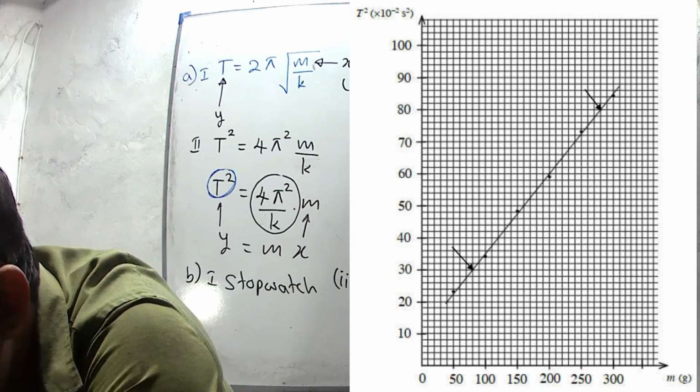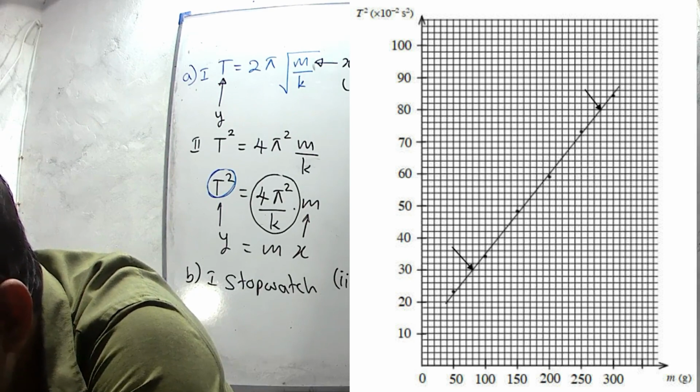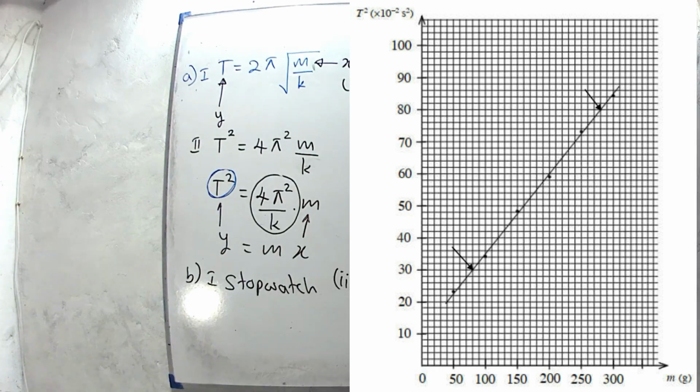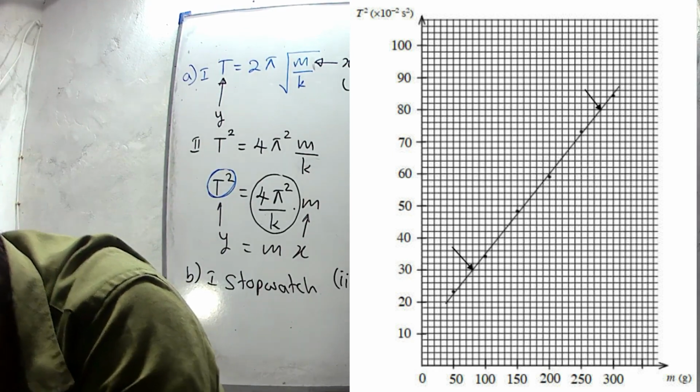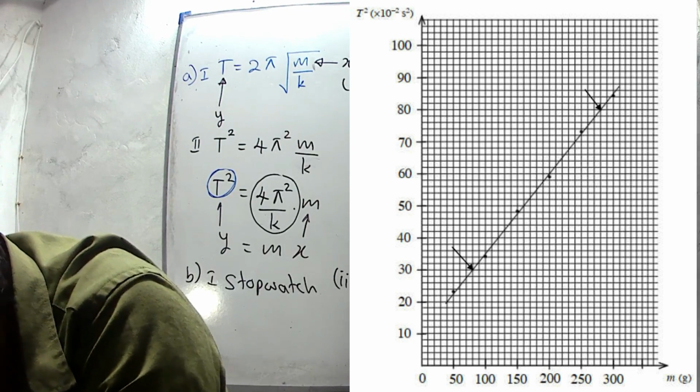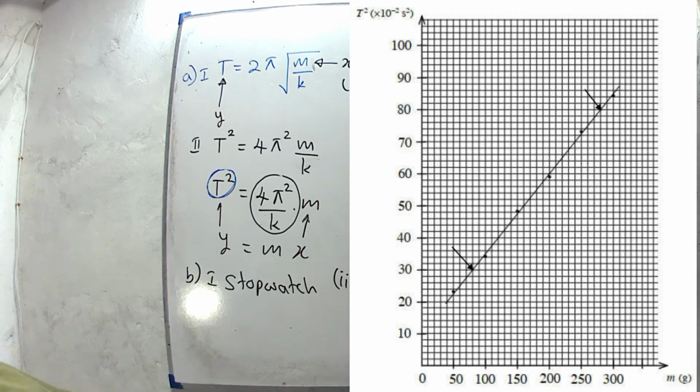When considering the minimum point from this end, they have marked the x value and y value. For this point, x value 80, y value 30, and for this point, x value 280, y value 80.